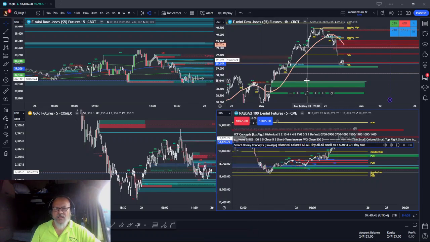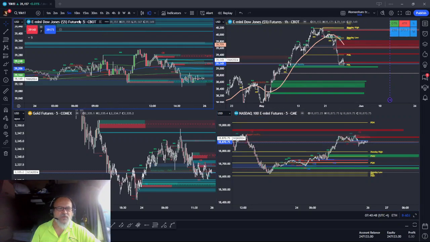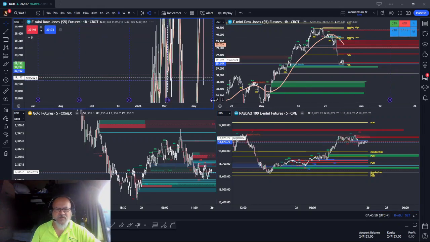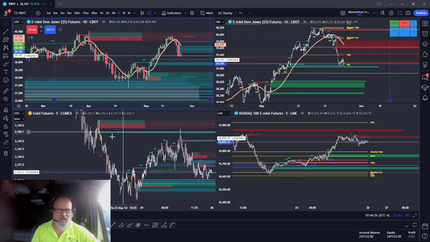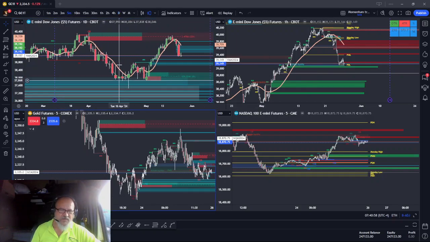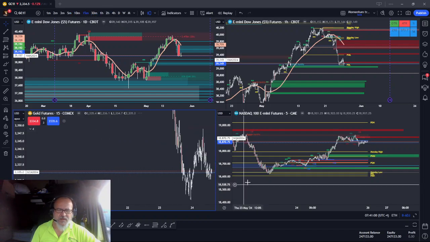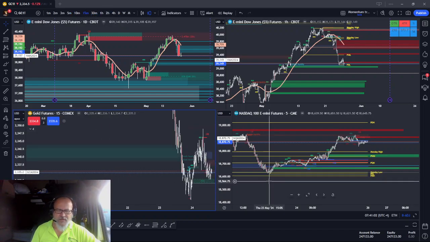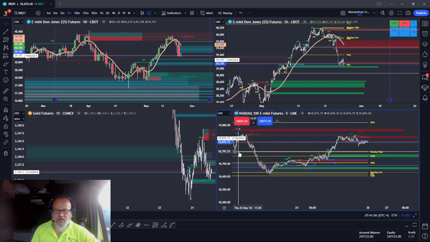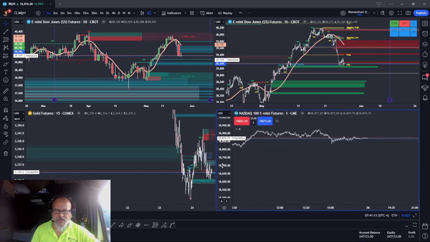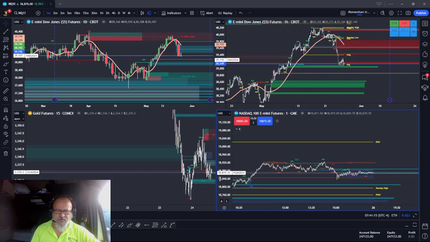Okay. And I don't know why I messed up all my time frames. Basically, I'm going to be using the daily, the 1 hour, the 15-minute, and I am going to be moving to the 1-minute chart for trading.